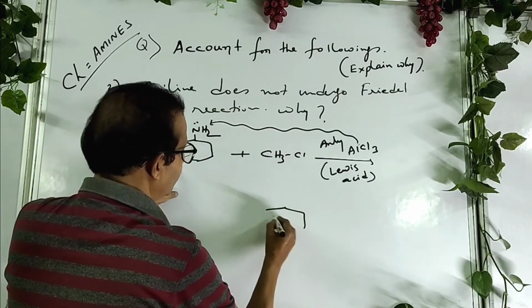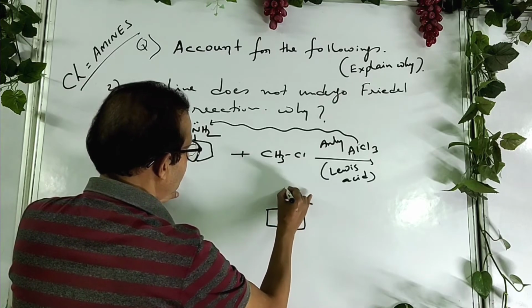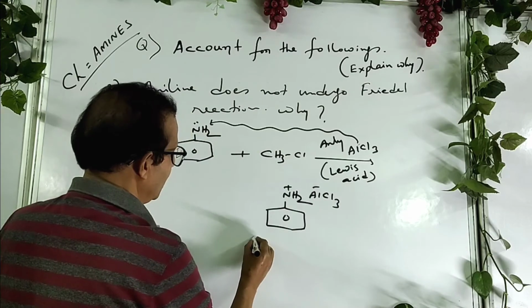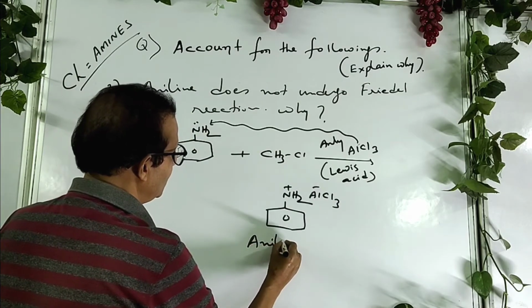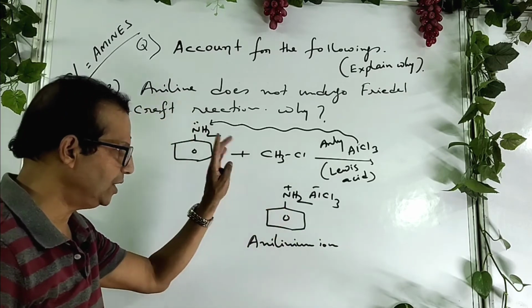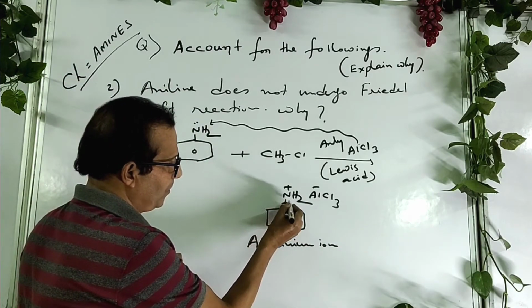So you get NH2 positive, AlCl3 negative, anilinium ion, and due to this anilinium ion, it attracts electrons from benzene.